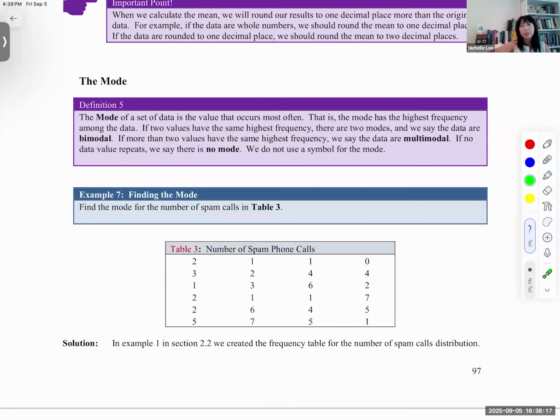Okay, now we have a mode. So we learned mean and median; this time it is mode. Mode is the most frequent value, right? It occurs most often. That's the mode.